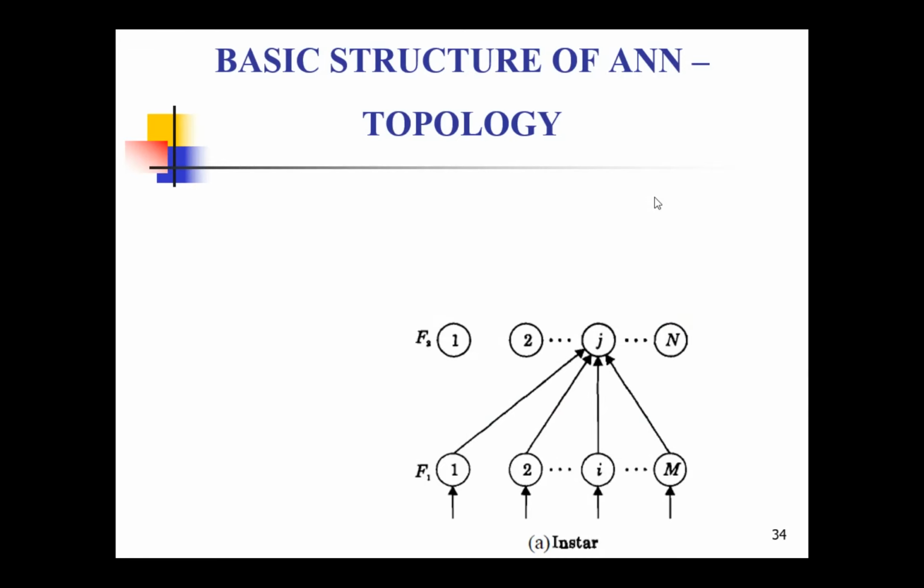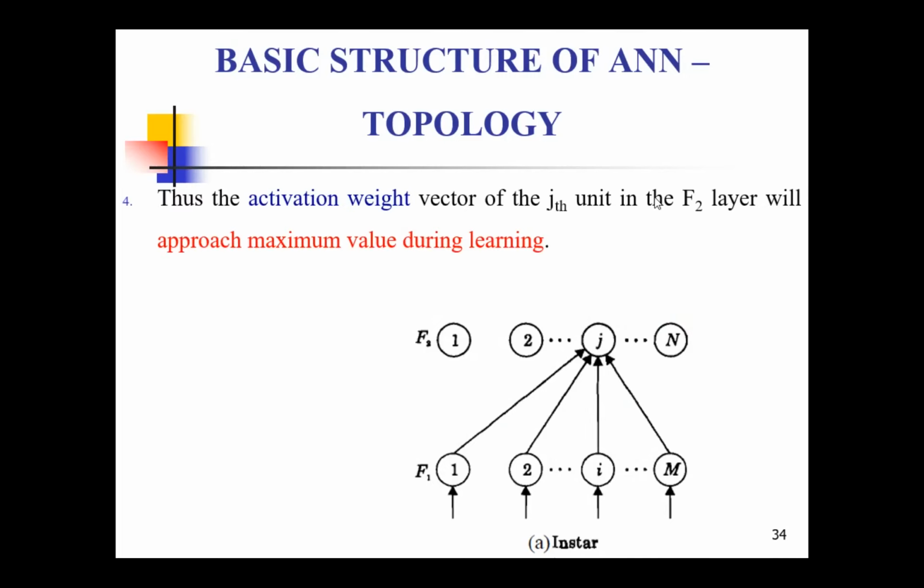Each and every neuron in the F1 layer is connected to the jth unit, depending upon the weight vectors. The activation weight vector of the jth unit, because we consider only j here, that is the jth neuron in the F2 layer, will approach maximum during learning. It depends upon the activation weight we consider.